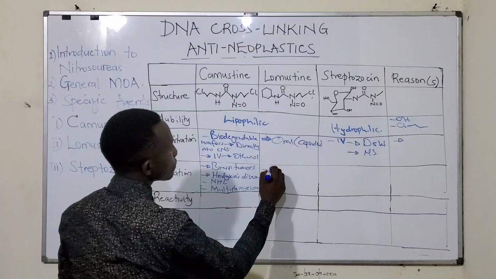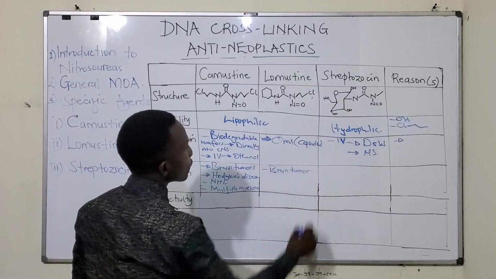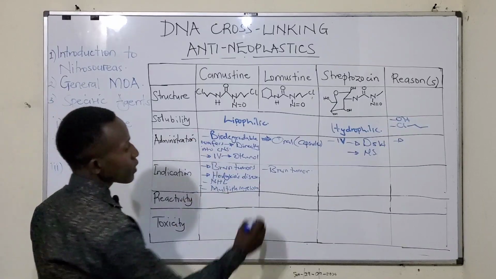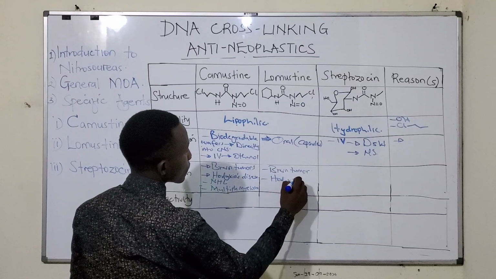Lomustine is also used in brain tumors because of the lipophilicity of the drug, though it's not as lipophilic as carmustine. Also in Hodgkin's disease.